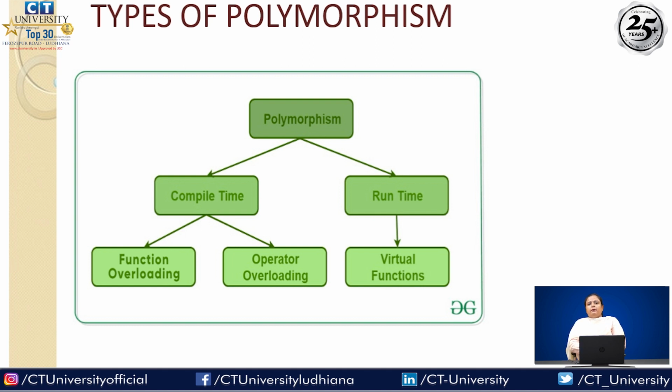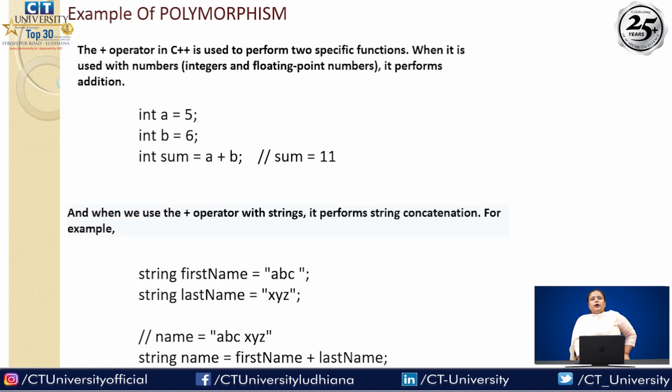Let us take a very simple example. In this we use the concept of overloading. Here the operator used is plus. If I write C equals A plus B, it means adding the two variables.